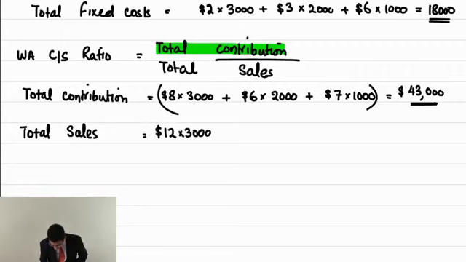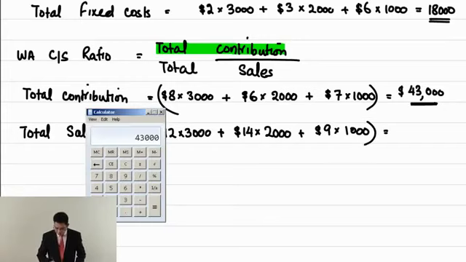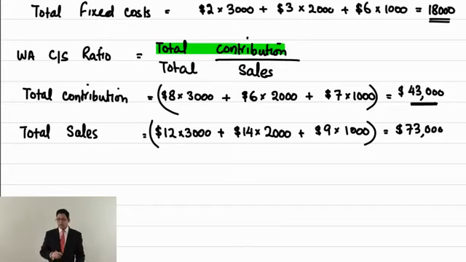Into 3,000, 14 into 2,000 plus 9 into 1,000, and here is the total sales. 36 from the first, 28 from the second and 9 from the third, in total $73,000.